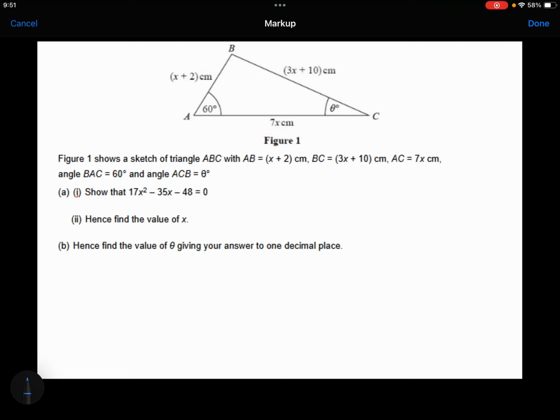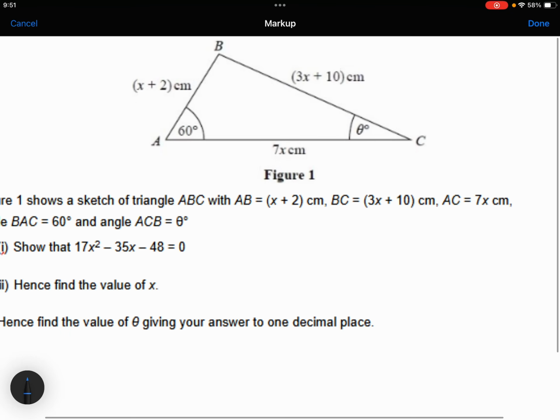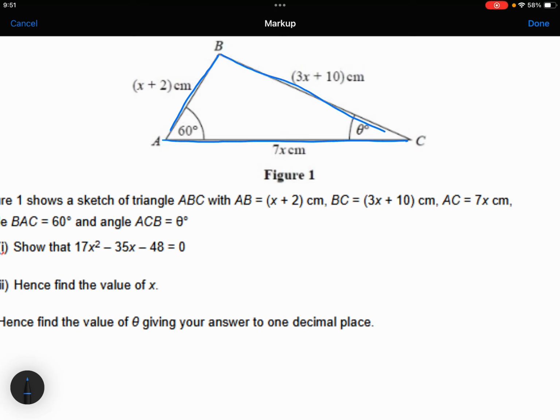So the way I'm going to do that, I'm going to focus on the cosine rule of this triangle here, because I've got the three sides in terms of x, and I've got the angle 60 degrees here, which is opposite the 3x plus 10.